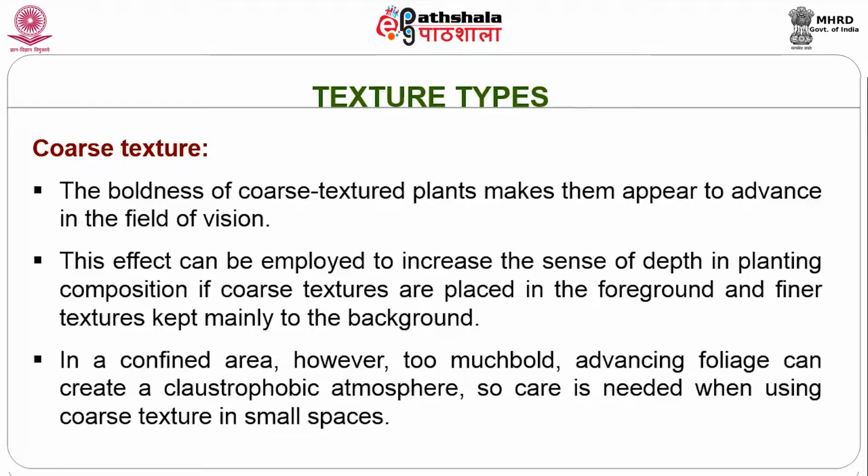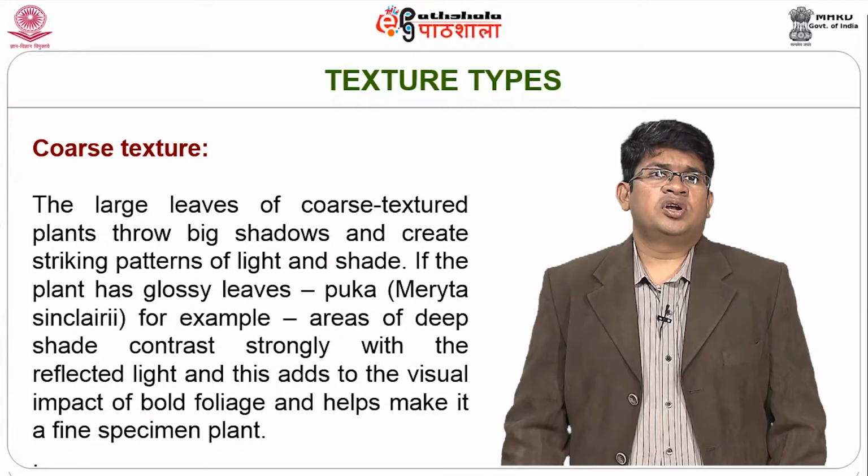In the same way, coarse textured plants or the bigger leaf plants should also be used with a certain level of restraint, so that it does not create a very claustrophobic atmosphere because of their leaf size as such. So, it is very important that it is employed in the right way.